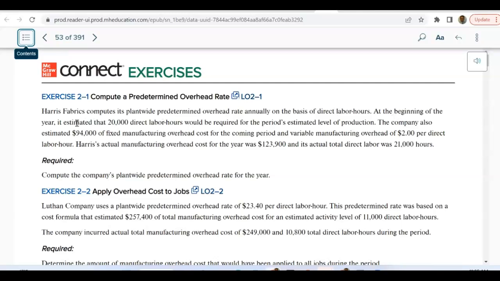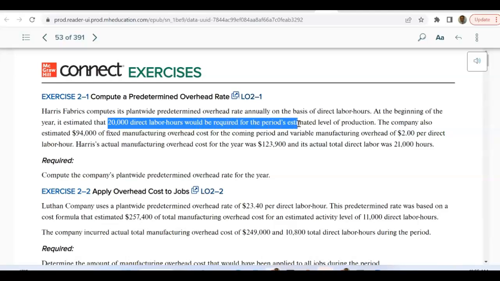At the beginning of the year, it estimated that 20,000 direct labor hours would be required for the estimated level of production. So this is very important: to estimate how many direct labor hours next year they will need to satisfy the production. It has to be estimated.